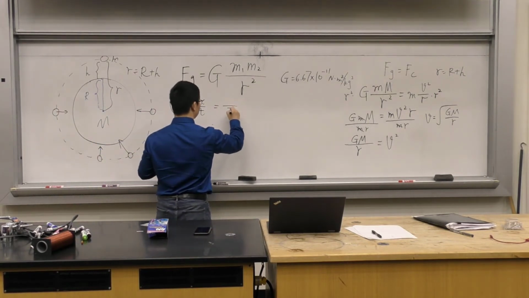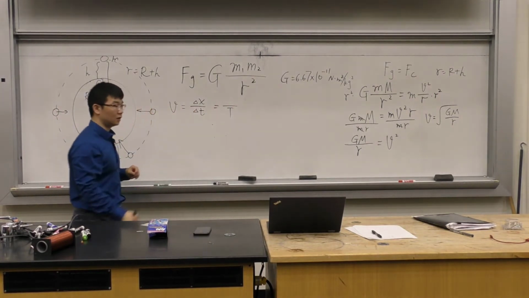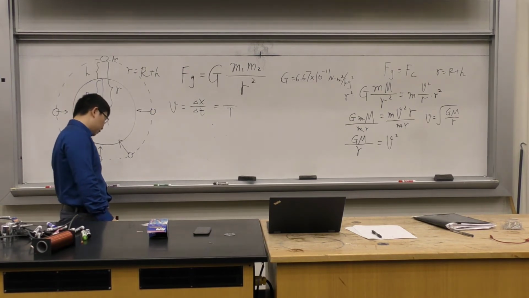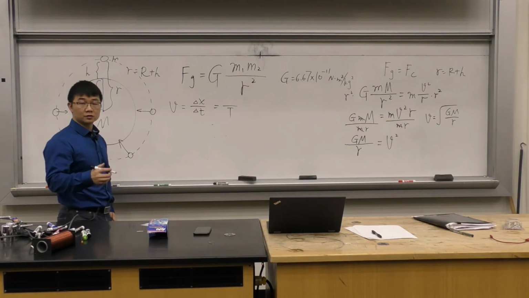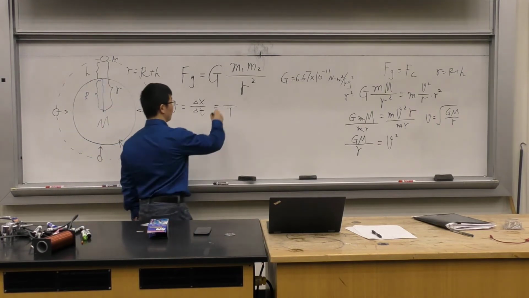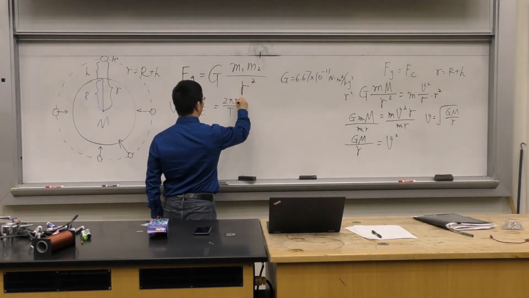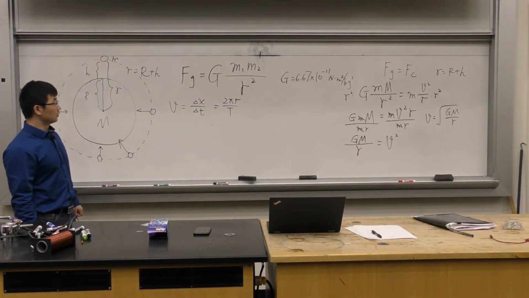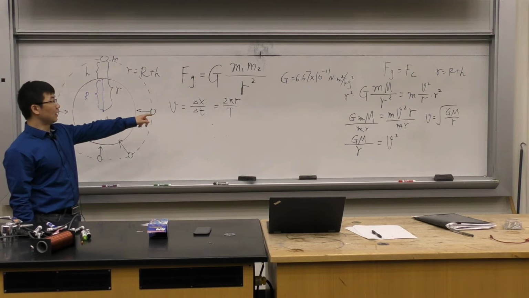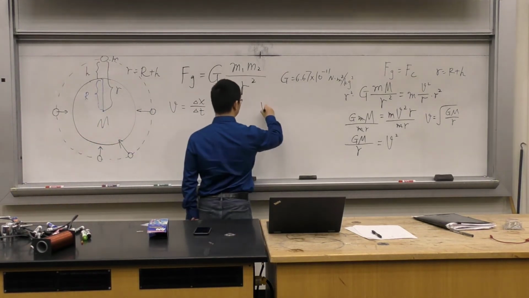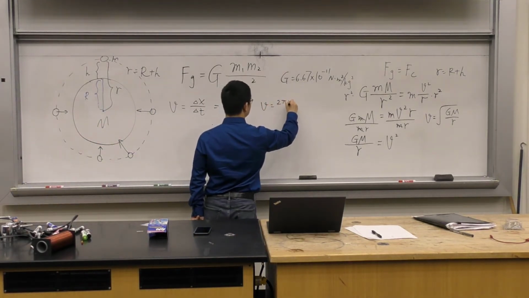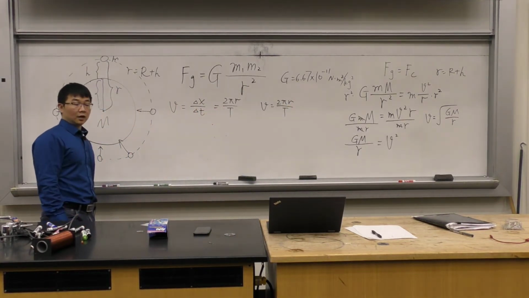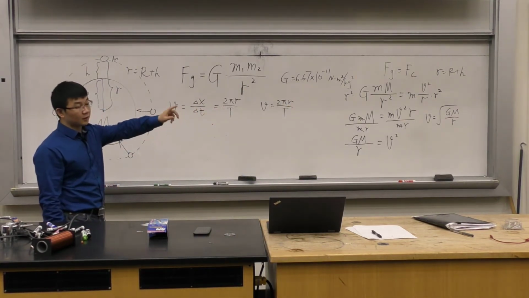If I pick the period and I still want to calculate the velocity, I will use the distance it travels in one period, which is the circumference. So I would have 2 pi r at the top. All right, so now you see that I have found a connection between v and T. And I just found v.